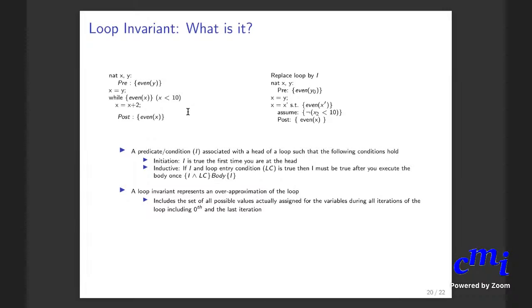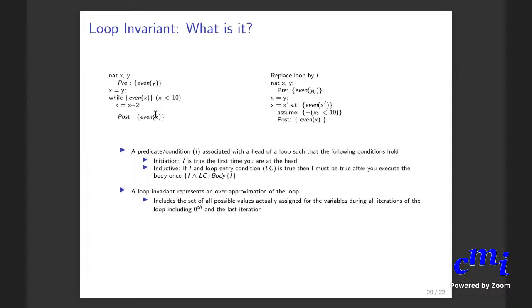So there is a bit of cleverness, a designer's intuition that you need, to propose something that is strong enough to prove the property. In that sense, proposing the loop invariant is similar to over approximating the behavior of your loop.